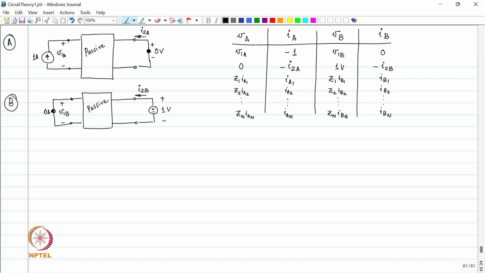This is okay. And now, we are ready to apply Tellegen's theorem. How do we apply Tellegen's theorem? Right, dot product of column 1 with column 4 is equal to dot product of column 2 with column 3 is equal to 0. Fine, that is Tellegen's theorem.